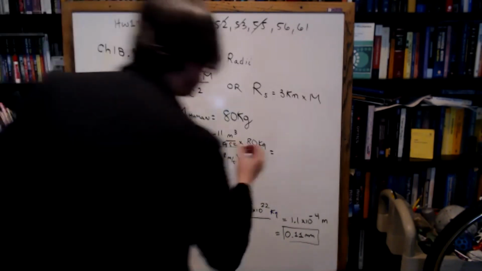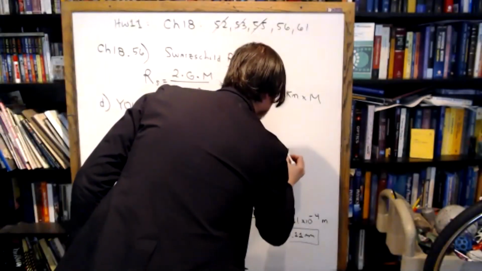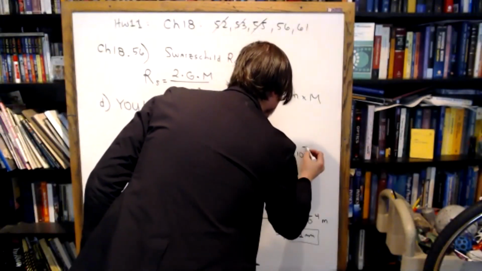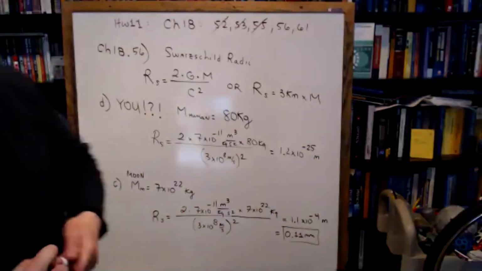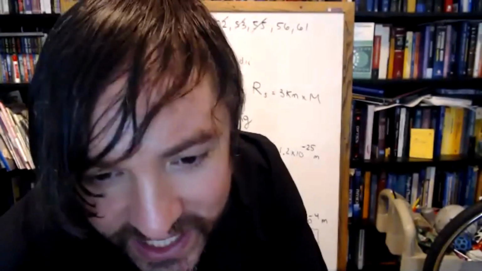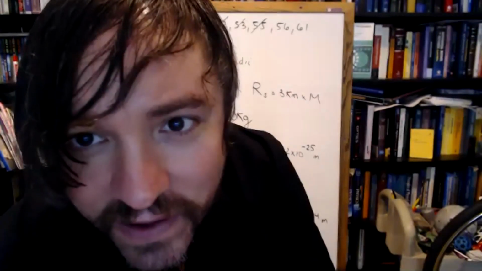1.2 times 10 to the negative 25 meters. Why don't we convert that to a more reasonable unit?